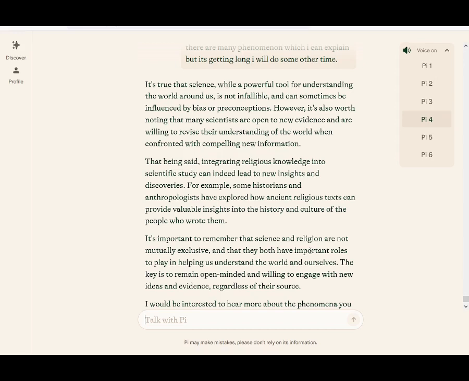That being said, integrating religious knowledge into scientific study can indeed lead to new insights and discoveries. For example, some historians and anthropologists have explored how ancient religious texts can provide valuable insights into the history and culture of the people who wrote them.